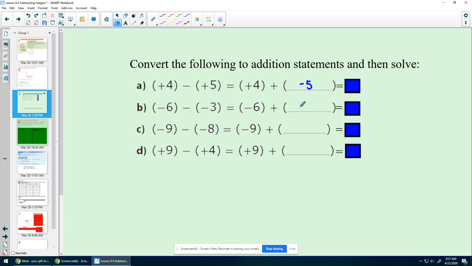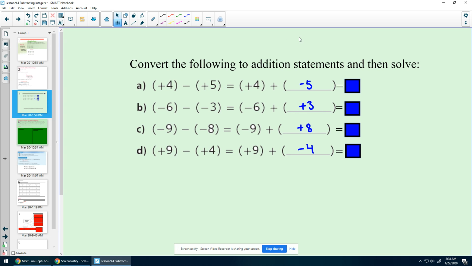The opposite of minus -3 is add +3. -9 minus -8. The opposite of minus -8 is add +8. And the last one, +9 minus +4, the opposite of subtract positive is adding a negative.